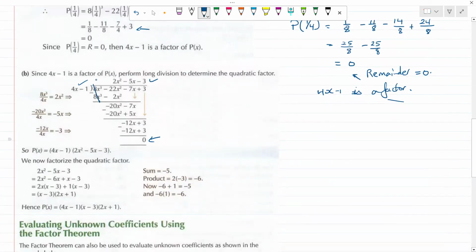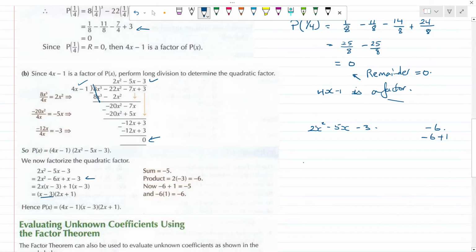Now, we could go one step further because we could check our quadratic. The quadratic 2x squared minus 5x minus 3 could be further factorized. 2 by negative 3 will give us negative 6. And we could use a minus 6 and a plus 1. Right? That's right here. And if you further factorize this, you get x minus 3, 2x plus 1.